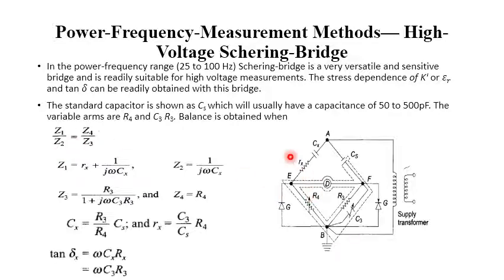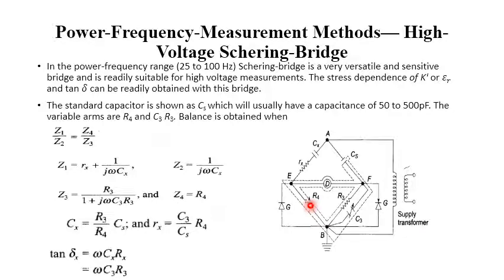So we know that Z1 is the series connection of Rx and the unknown capacitance Cx. Z2 is nothing but the standard capacitance Cs, that is 1 by j omega Cs, and Z3 is the parallel combination of R3 and C3. After simplification you will get R3 by 1 plus j omega C3 R3, and Z4 is only the resistance R4.